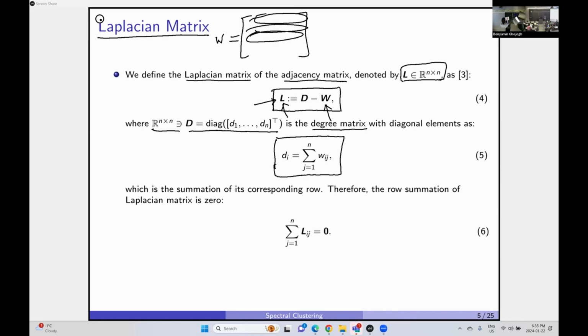I sum all of the first row. I put it as the first element of D. I sum all of the second row in W. I put it as the second element of D. The third row, I sum them up. I put it as the third element of D until the end.